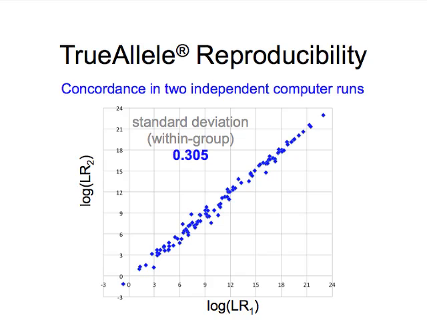They're lining up along 45 degrees, and visually it looks reproducible, but also we can calculate a within-group standard deviation that shows less than half a log unit standard deviation as variation between replicate experiments.